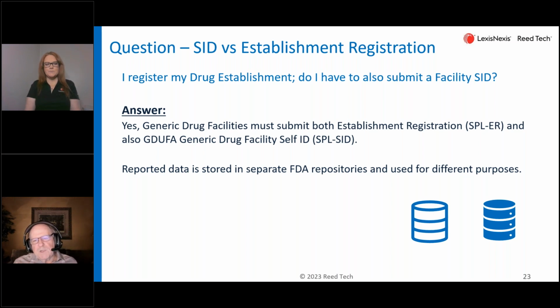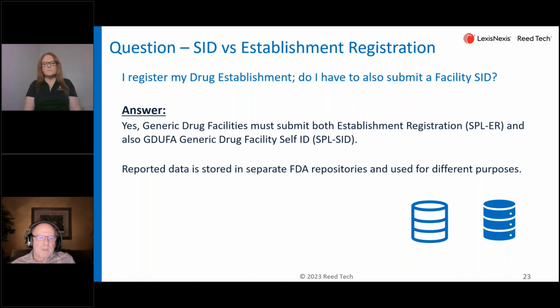That registration goes into a certain database and has various uses and functions inside the FDA. The GDUFA generic drug facility self-ID is a different repository. It has slightly different data. And it has different purposes.